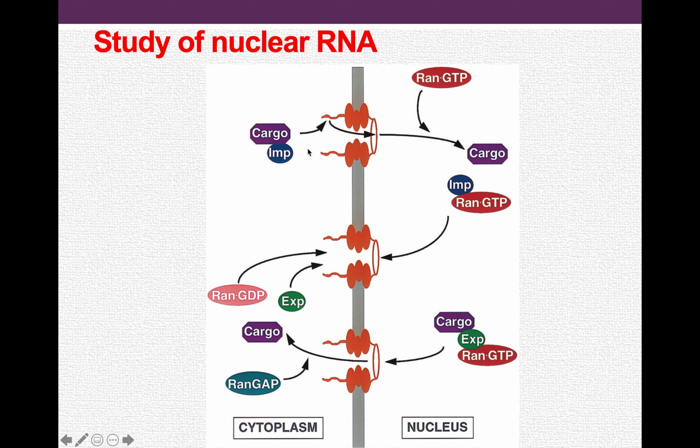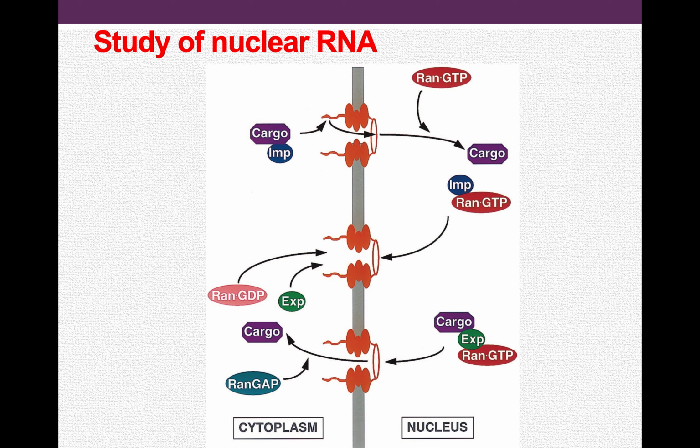Whatever is to be transported is called a cargo. Regardless of any type, DNA or RNA or anything to be transported is called cargo. It also involves a molecule of a factor called importer or exporter. So the mechanism is actually very specific.